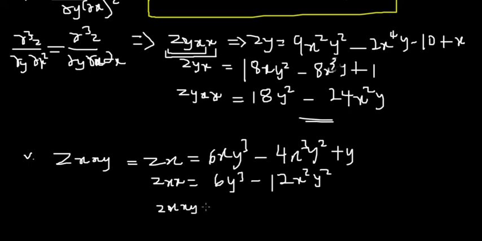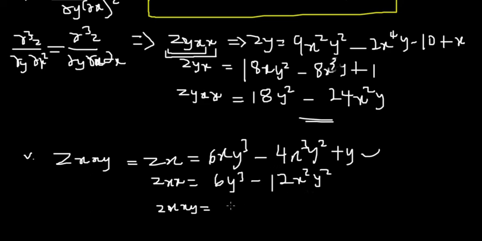So now let's take z_xxy. So we've moved from z_x and then moved to z_xx. So we first took the partial derivative of z with respect to x, had this, and then took the second partial derivative of z with respect to x, and then we had this.